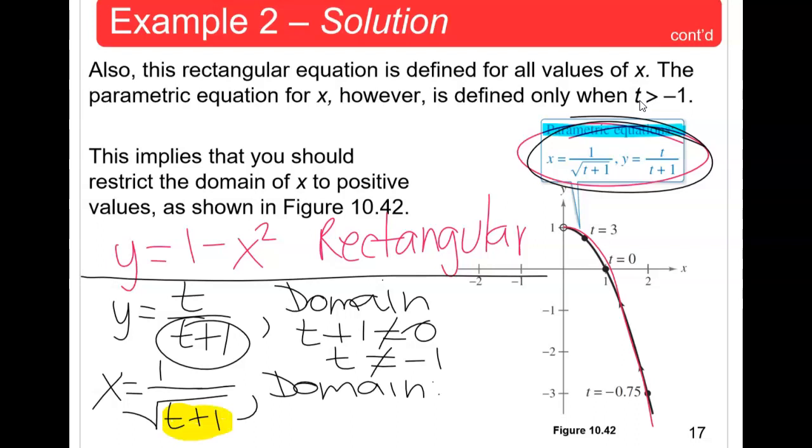That's what's inside the radical. So we take the t plus 1 and we have to say that must be greater than or equal to 0. And so if we solve for t, we could see that t has to be greater than or equal to -1. So the domain from the first parametric equation will be all the values that are either equal or greater than -1, including -1.